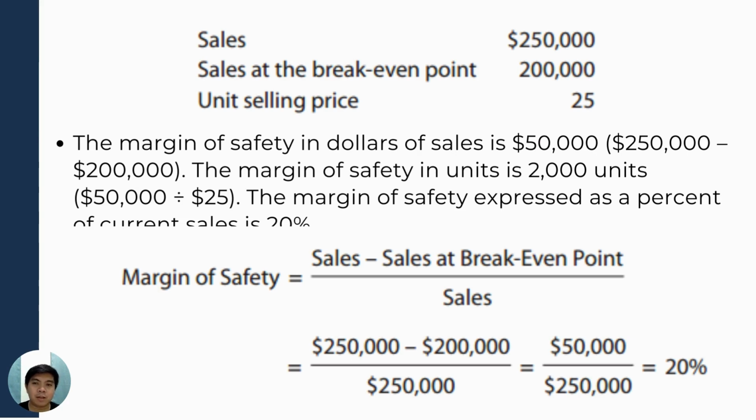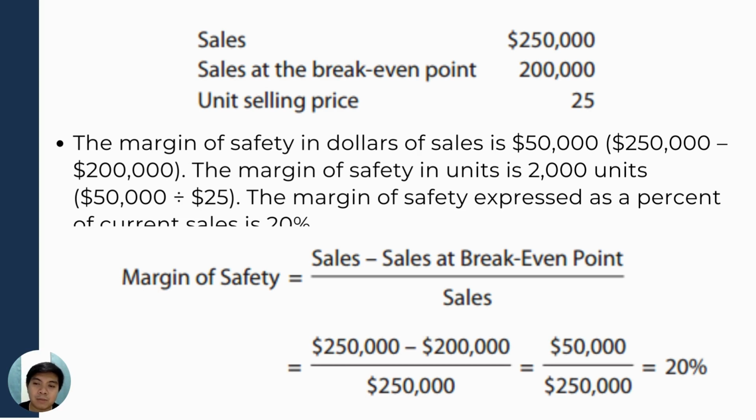The margin of safety in dollars is the excess of budgeted or actual sales over the break-even volume of sales. To illustrate, assuming the following data, sales is 250,000, sales at break-even point is 200,000, and the unit selling price is 25.